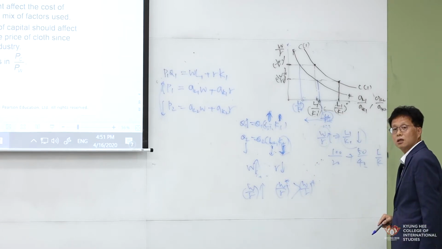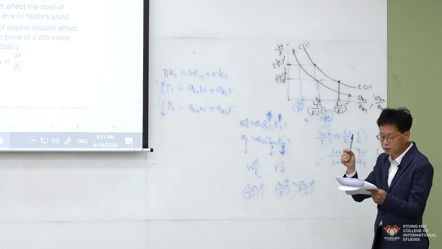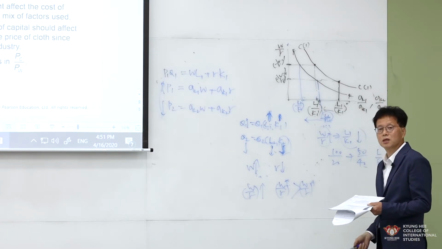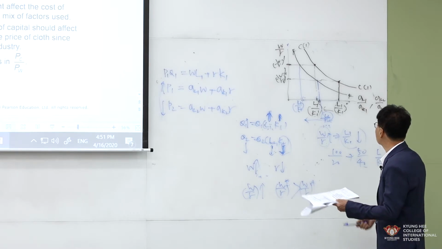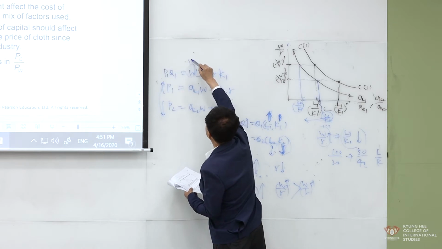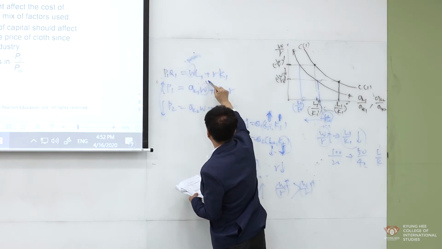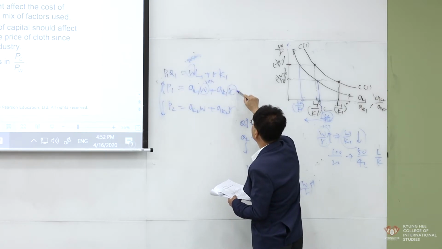Can you understand? For simplest purposes, we think the wage rate increased by 10%, right? And the rental rate of capital decreased by 10%, or minus 10%. Then what happened? We use this one. The wage rate increased by 10%, and the rental rate of capital decreased by 10%.